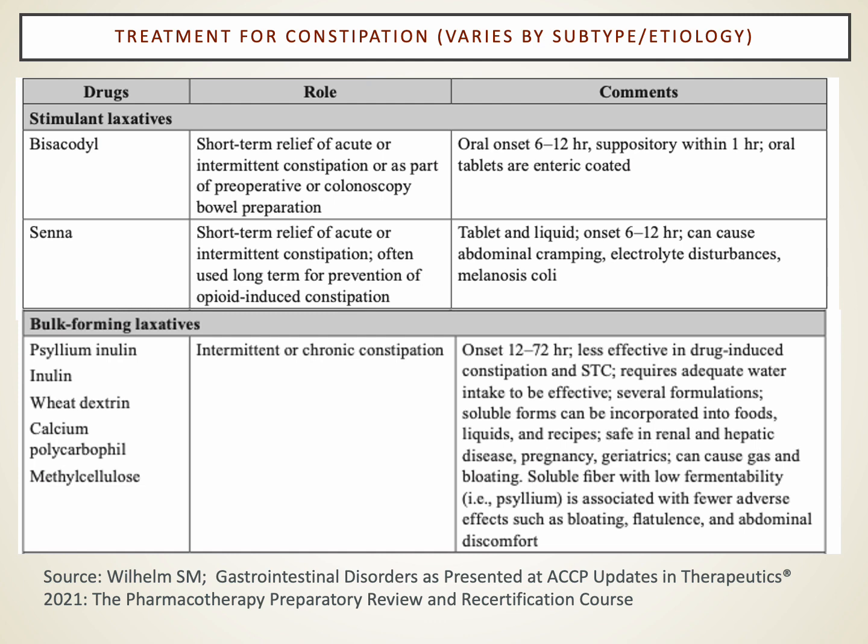Of the bulk-forming laxatives, probably psyllium, as long as someone doesn't have an allergic reaction to it, is pretty commonly used, sometimes causes some gas or bloating in patients, so you want to be aware of that. But otherwise, psyllium or Metamucil, pretty commonly used. And until the advent of polyethylene glycol or Miralax, the psyllium was the first-line agent.